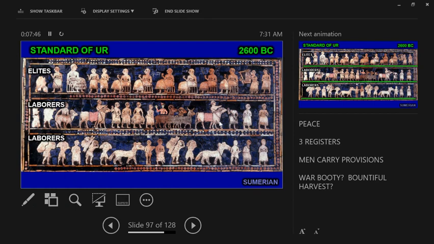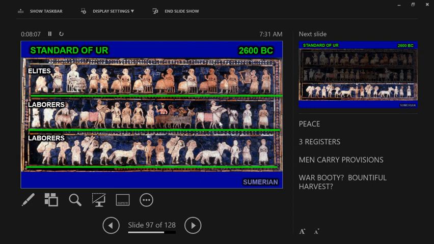We have people bringing animals in. And then at the top are the elites. And who is the most important elite? Yeah, the tall one, this one right here on the left side. Oh yeah, registers. All right.